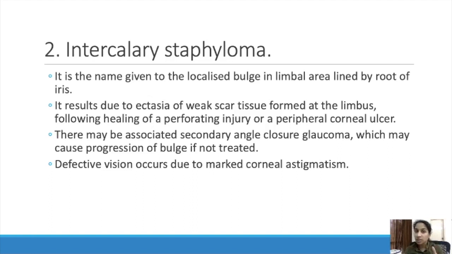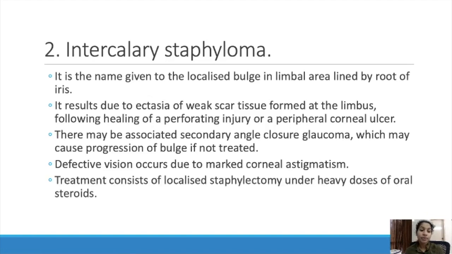So with intercalary staphyloma, there is a chance of secondary angle closure glaucoma, which has an added effect and causes more bulge in that region. Defective vision occurs due to marked corneal astigmatism, which you all learned.